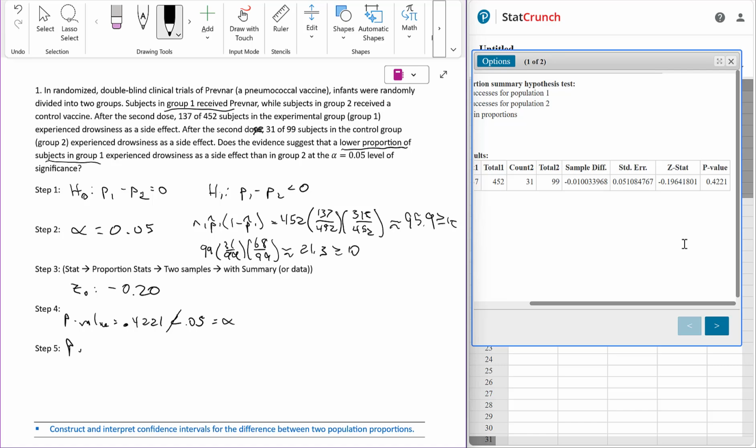So with p not less than alpha, we do not reject the null.